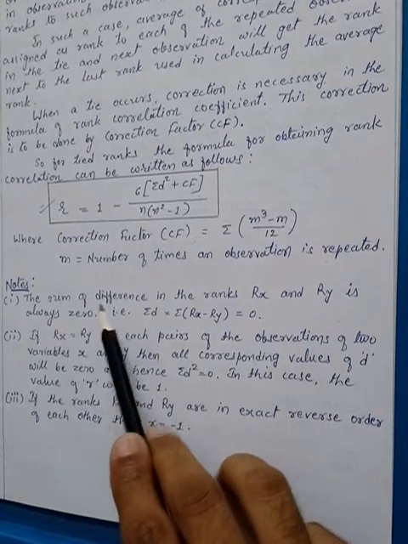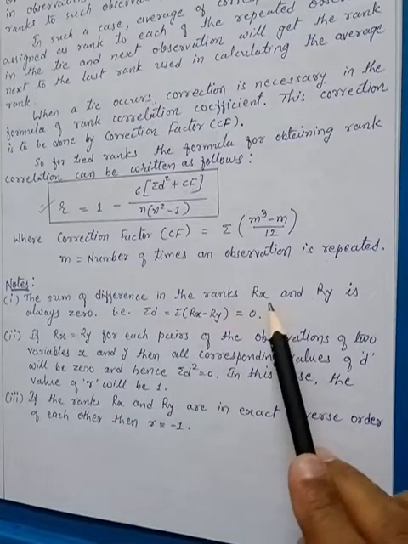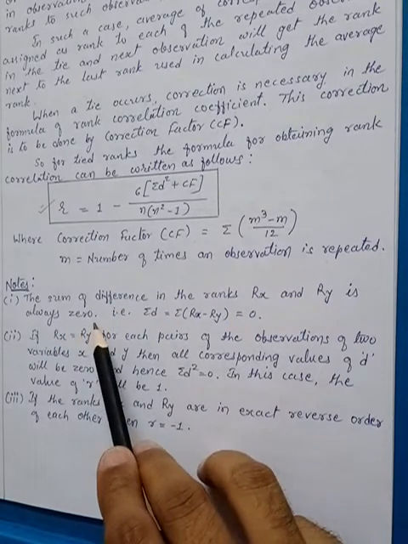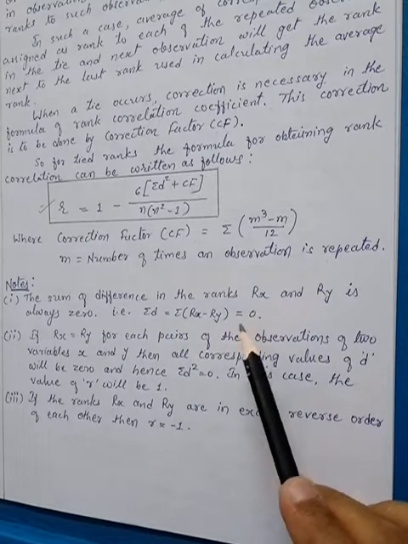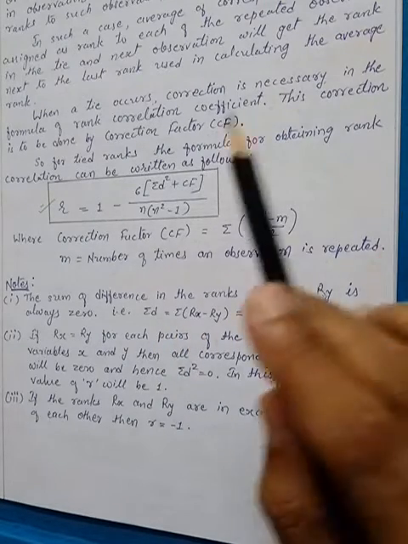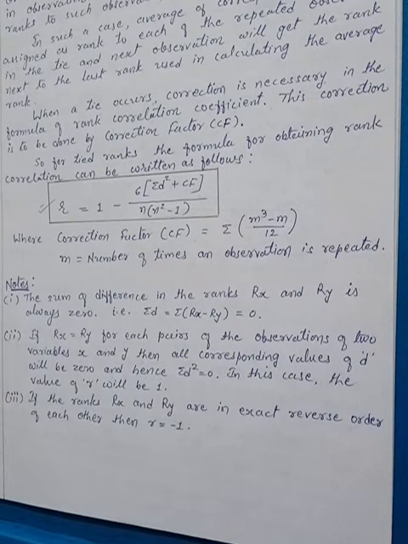First one, the sum of difference in the ranks Rx and Ry is always 0. That is, sum of D is always how much? 0. So when you take the differences of the 2 ranks you have provided to the variables x and y, Rx and Ry, the total of D will be 0, but we do not require that.